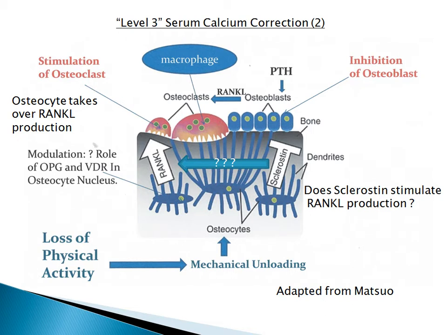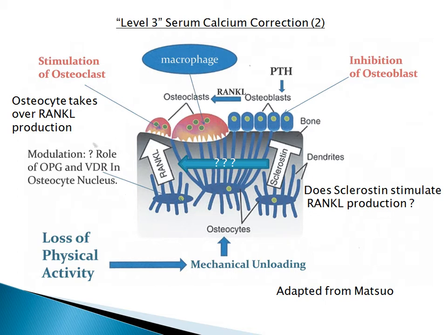In other words, here's another way that rank ligand production can occur. It's not just with parathyroid hormone stimulation of osteoblasts. In fact, in this state, parathyroid hormone is actually suppressed because it's the mechanical unloading osteocyte process that's causing the calcium level to go up.